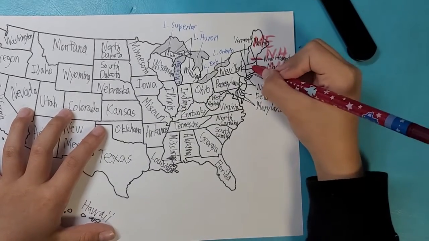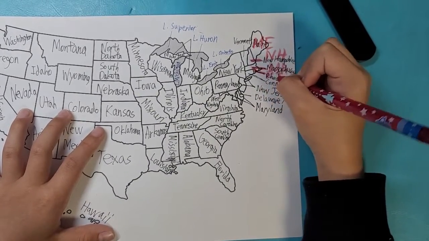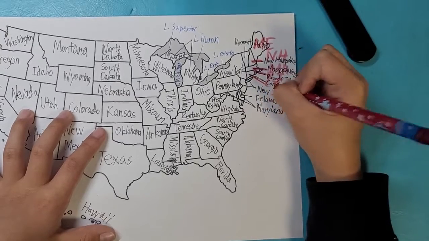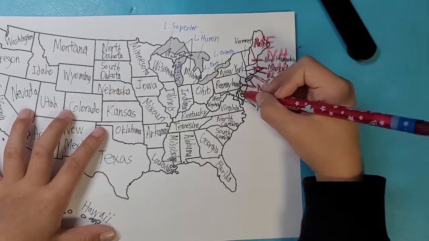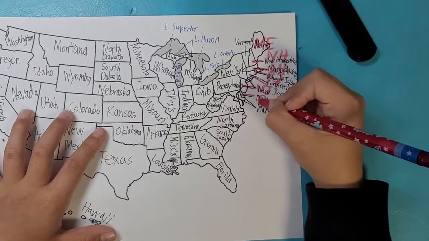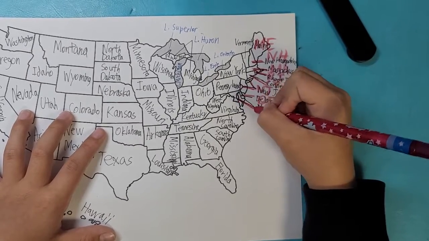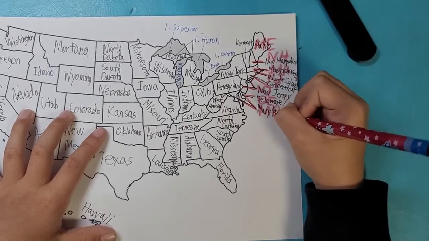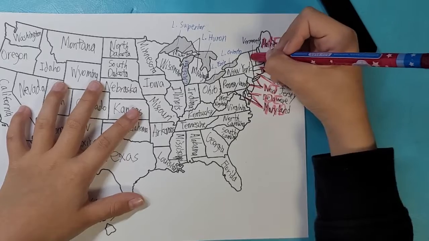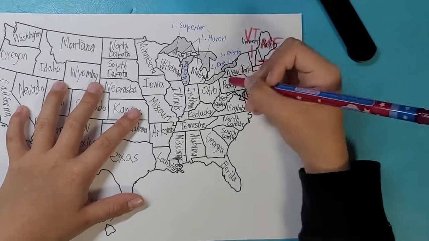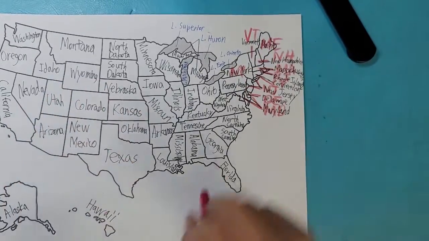Rhode Island's RI. Connecticut's CT. New Jersey's NJ. Delaware's DE. Maryland's MD. Vermont is VT, NY equals New York.